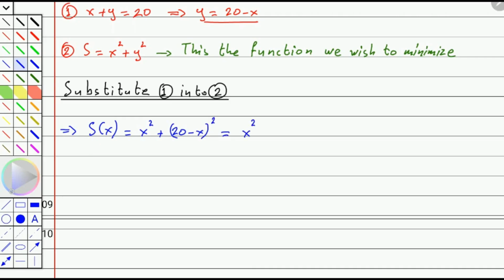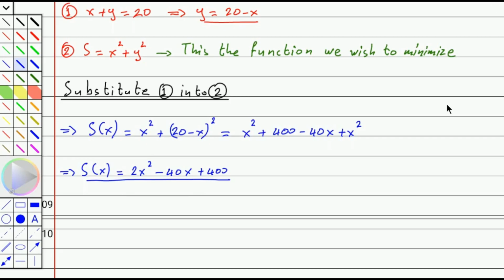We have x squared plus 400 minus 40 times x plus x squared. And let's simplify. So we will get S of x is 2x squared minus 40x plus 400. And this is now a function of a single variable that we need to minimize.